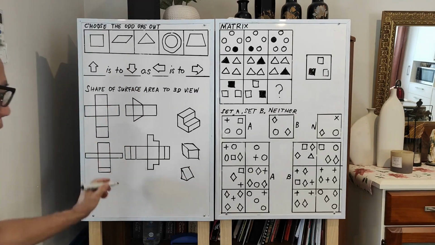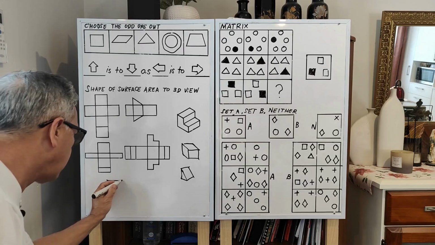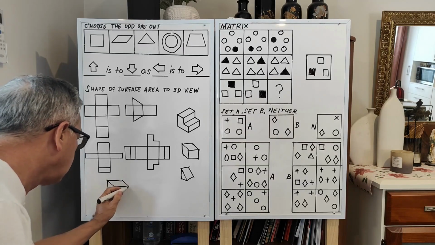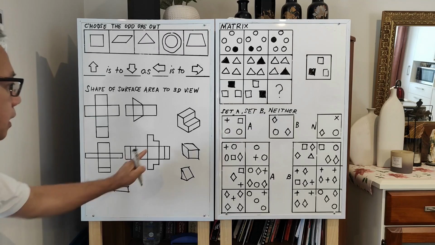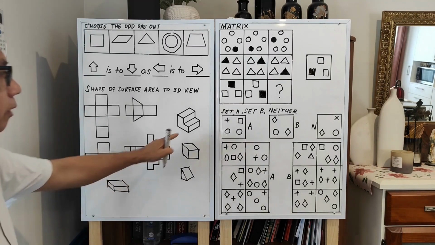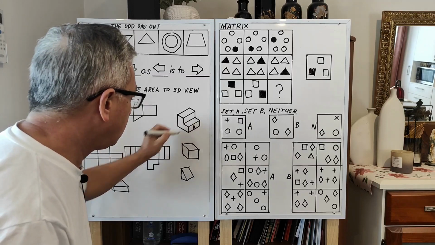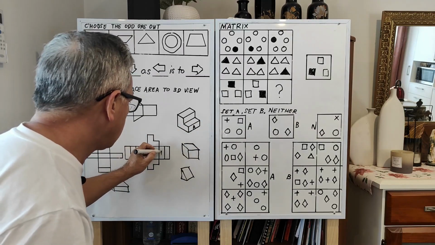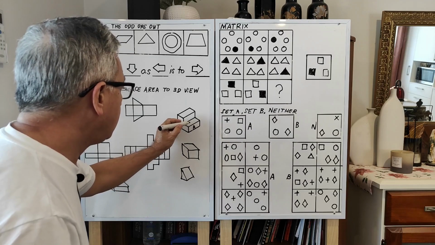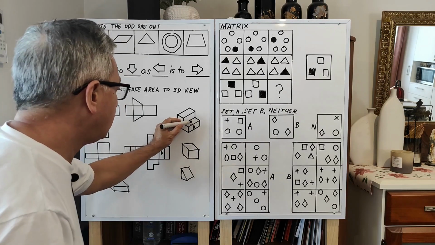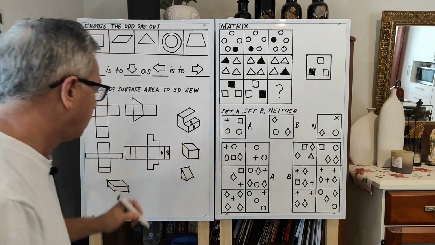This one will look like a flat box, like this. But this one, if you folded it up, it will look like this. So this one, let's say, is A. This is this one. And then B will be this one.